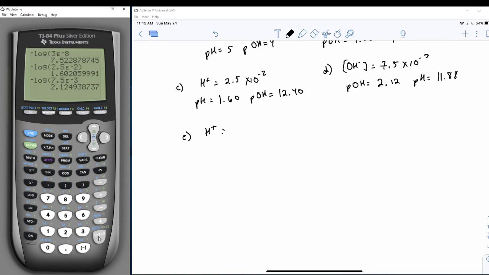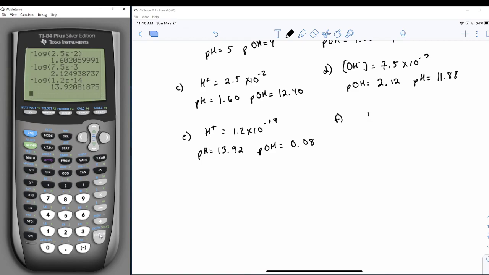E, H plus is 1.2 times 10 to the negative 14. So negative log of 1.2 E negative 14. That gets you a pH of 13.92, which means a pOH of 0.08.